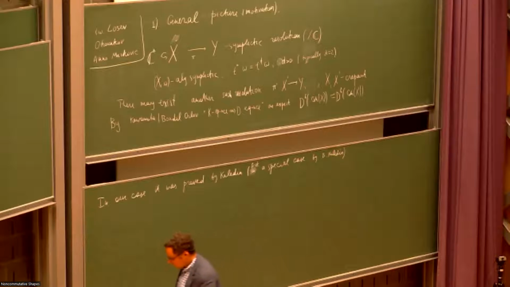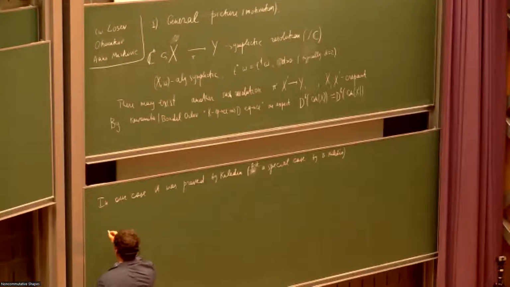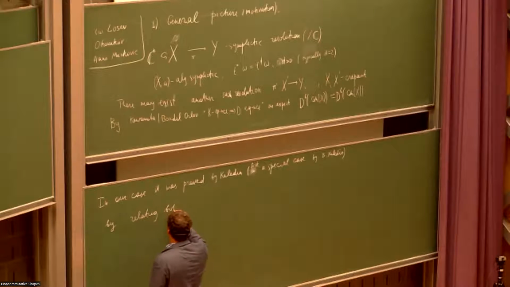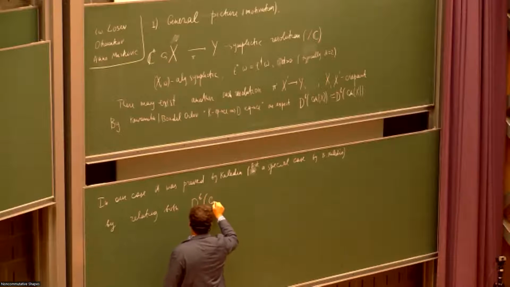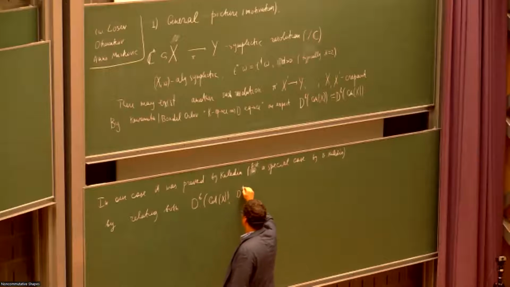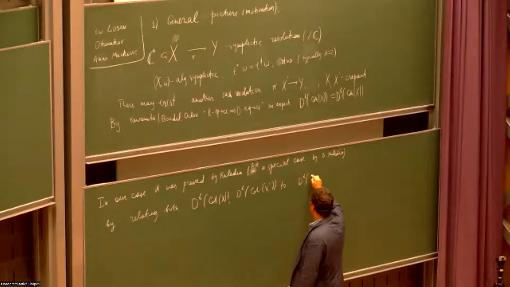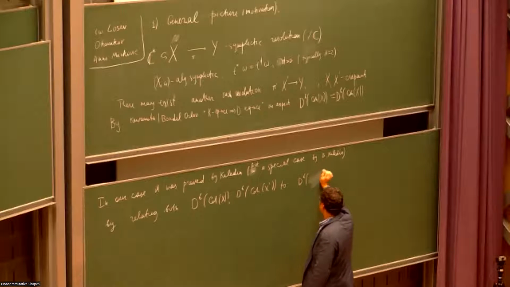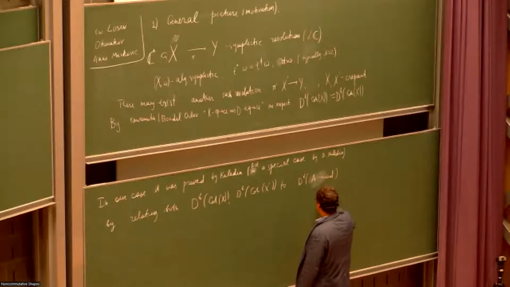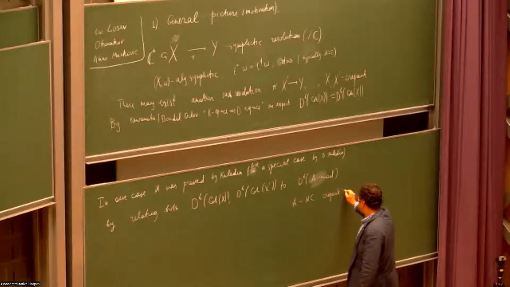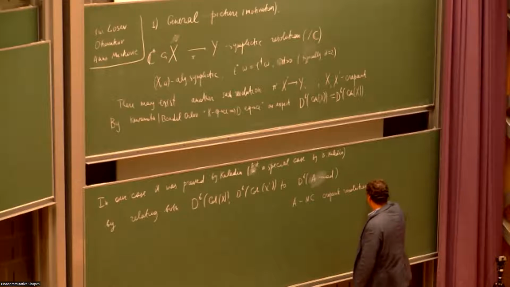But the way it's done is by relating both D^b Coh X and D^b Coh X prime to D^b of A-mod, where A is a non-commutative coherent resolution in the sense of Michel.